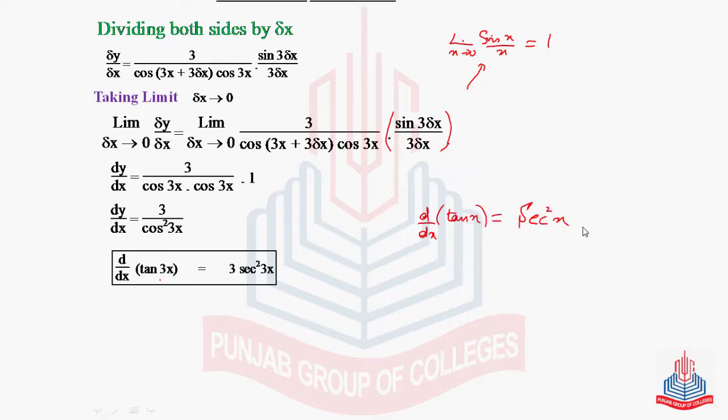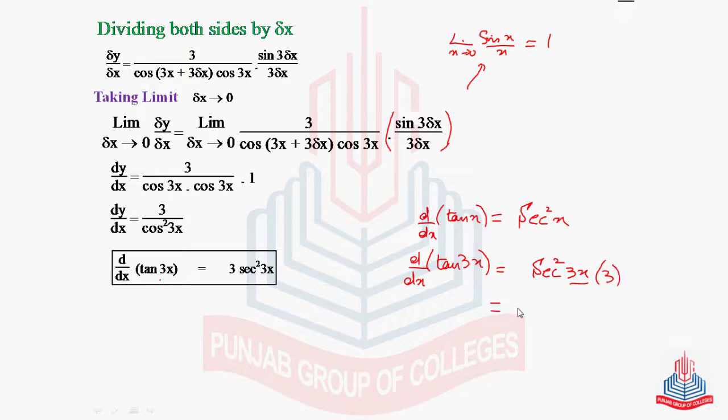But when we differentiate by definition d by dx of tan 3x, the first appearing derivative is that of tan, which is secant square 3x, and then the derivative will apply on this angle, and the derivative of 3x will become 3, which is multiplying like this.